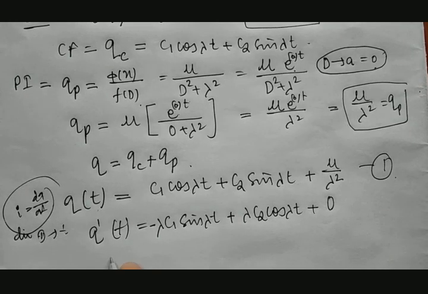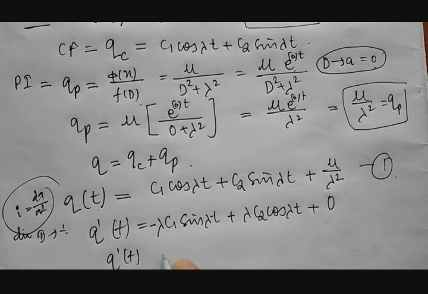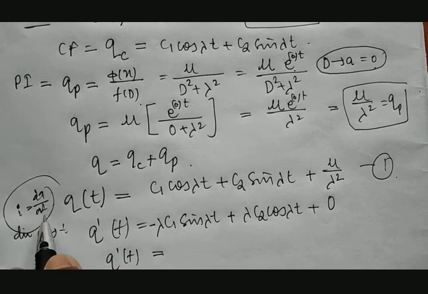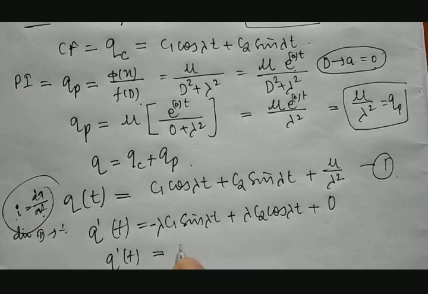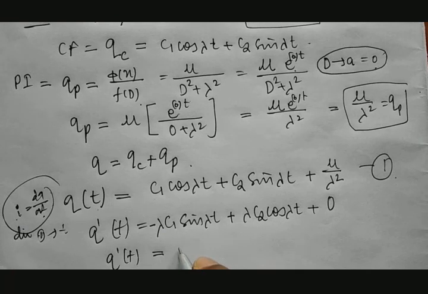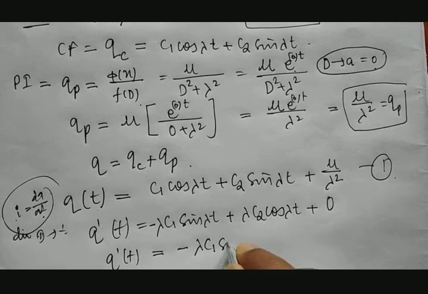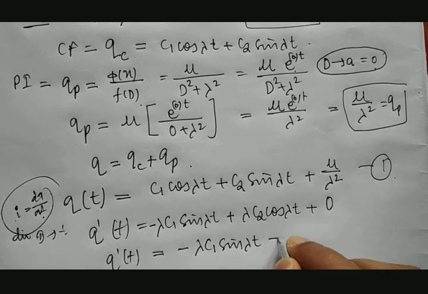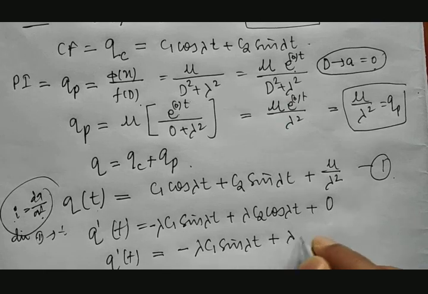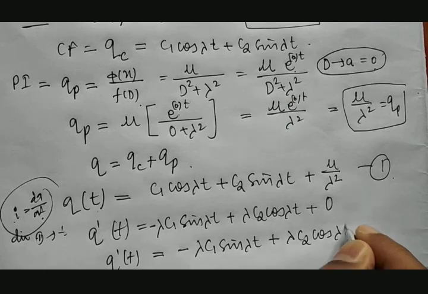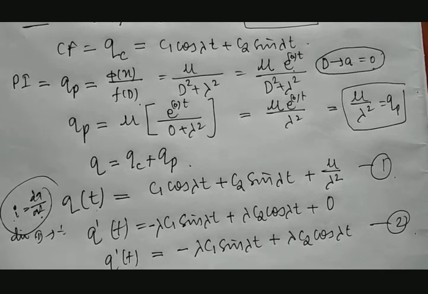Therefore q dash of t, which is nothing but dq by dt, which is nothing but I. We will take it at the end. Right now, let us take this only. Then it becomes minus lambda into C1 sin lambda t plus lambda into C2 cos lambda t. We call it equation number 2.